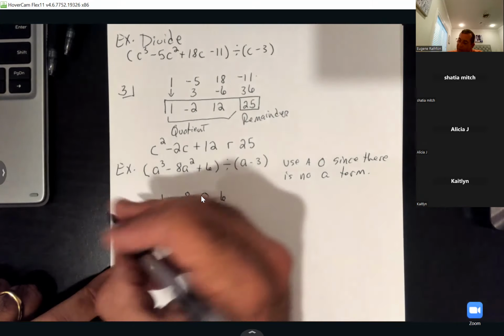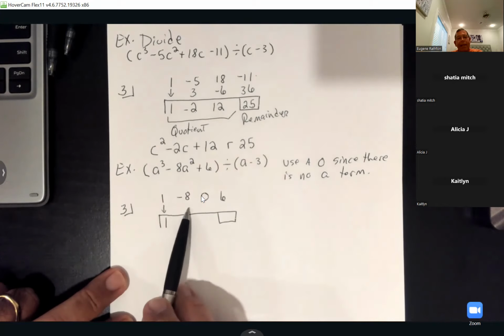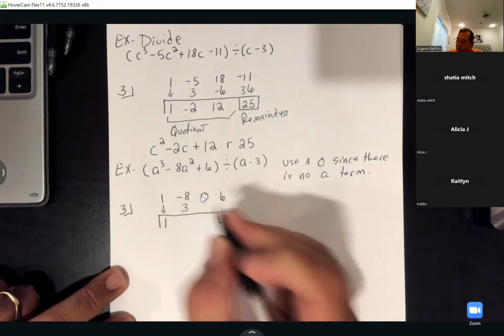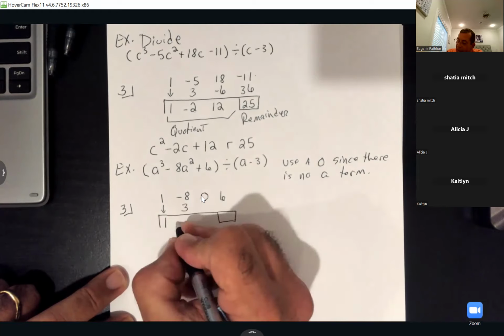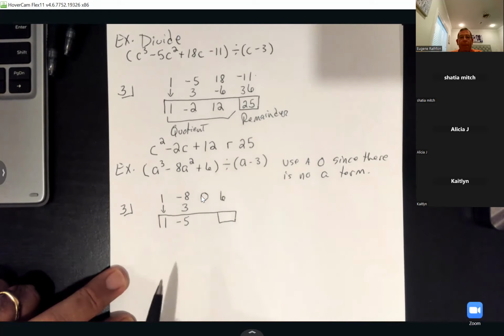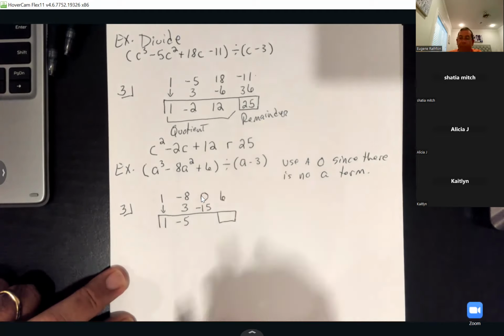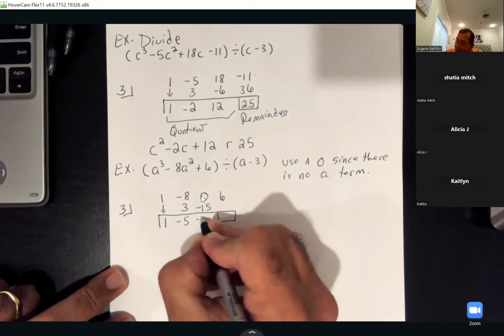All right, y'all, so now here we go. Bring the first number down. Then we're going to multiply to get the next column. 1 times 3 is 3. Negative 8 plus a 3 will give us a negative 5. Then we're going to repeat. Negative 5 times 3 is negative 15. Well, y'all, 0 and negative 15 give us a negative 15.